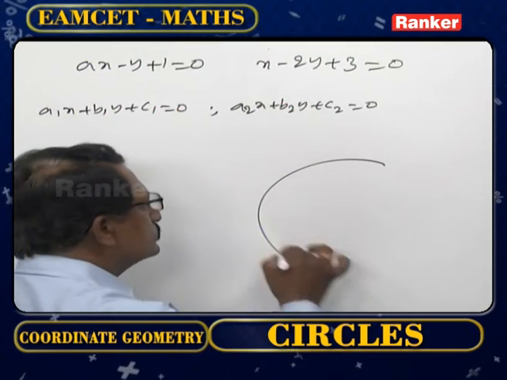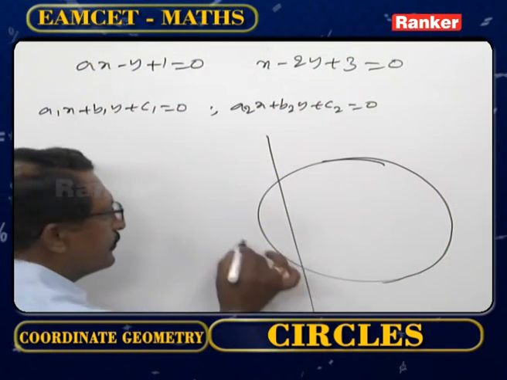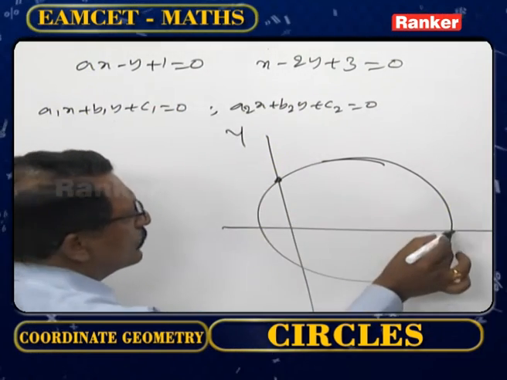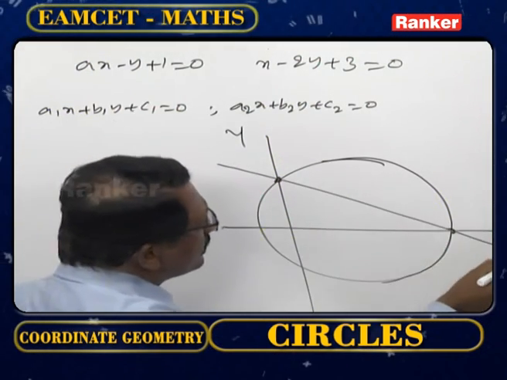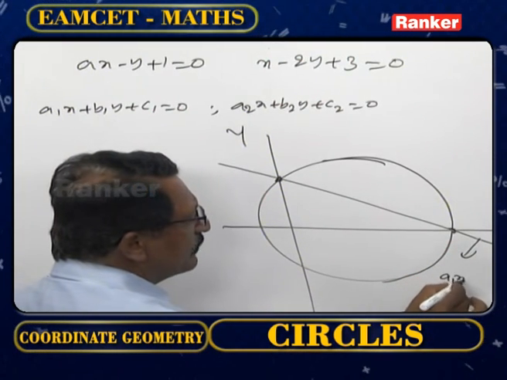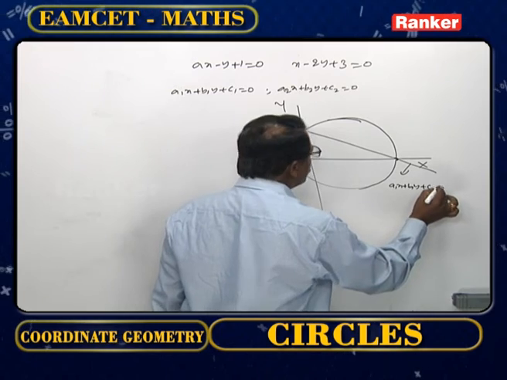Suppose the circle, x axis, y axis, one straight line intersects the coordinate axis in 2 points, that line equation is a1x plus b1y plus c1 equals to 0.